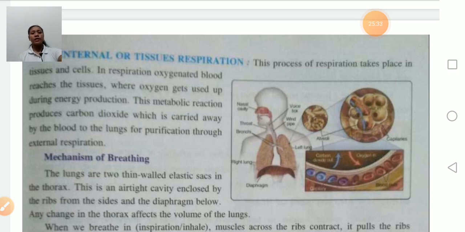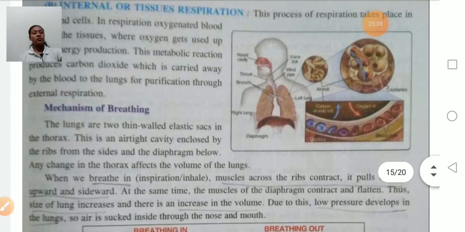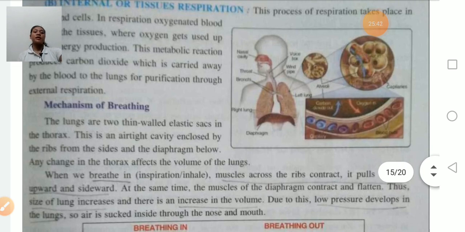This carbon dioxide is carried away by the blood to the lungs for purification through the external respiration. The blood is purified in external respiration and comes to the internal, and the purified blood reaches the tissue for energy production, and then carbon dioxide is produced, and it is carried away by the blood to the lungs for purification. This is the process.